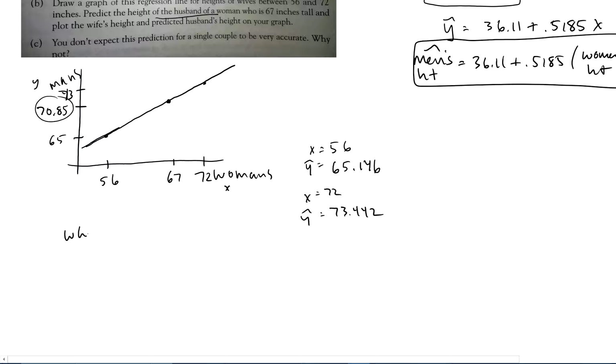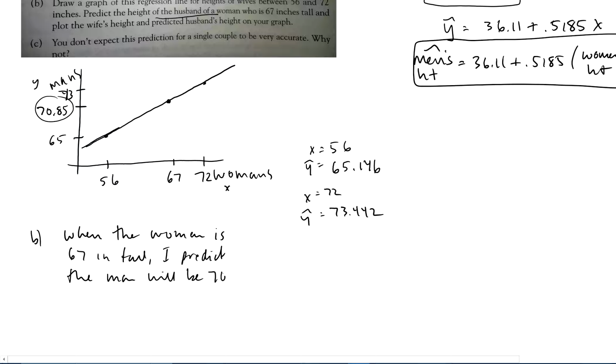So this is B: when a woman is 67 inches tall, I predict the man will be 70.85 inches tall.